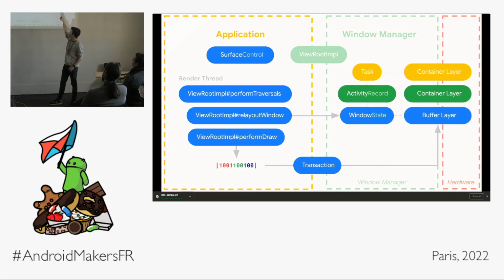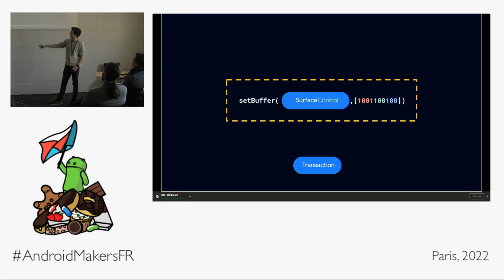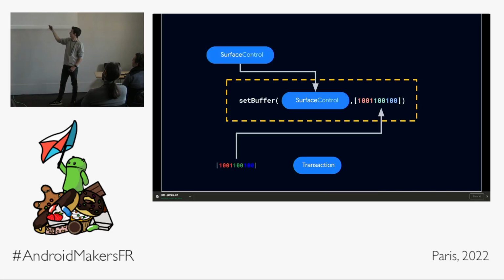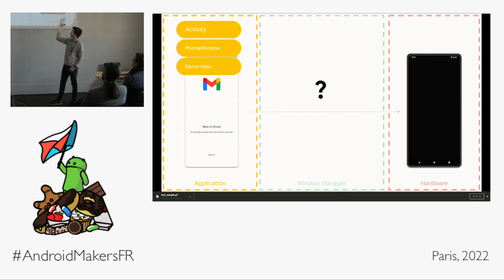So we want to update that layer. As I said before, transactions are able to do that. So we send a transaction over to update that. And the way that looks is just set buffer with a surface control and the buffer for the application, and sent over to surface flinger. So to recap, how do we get back from the application?